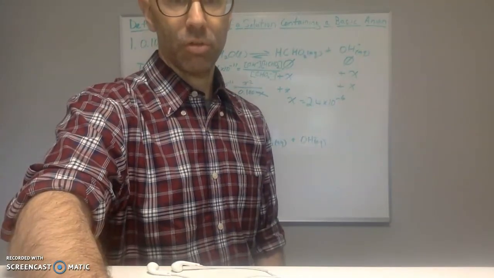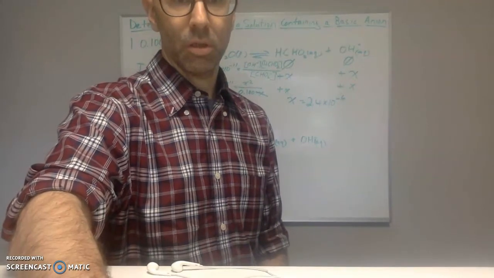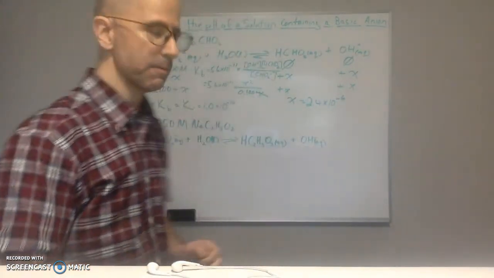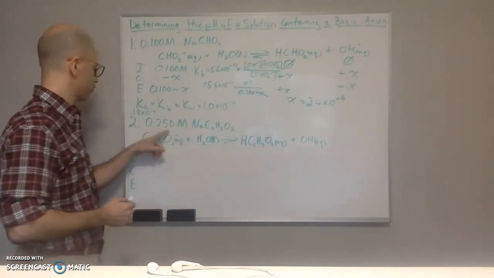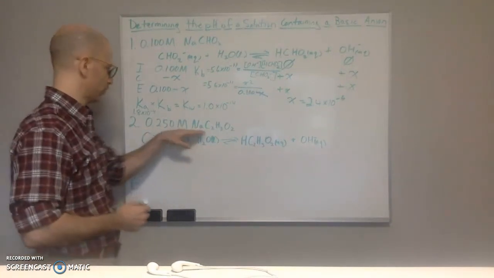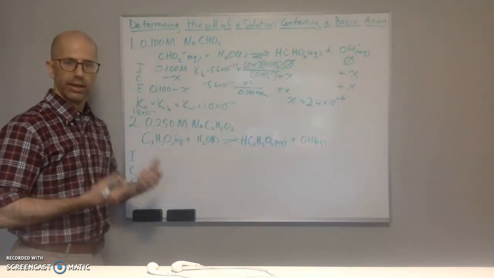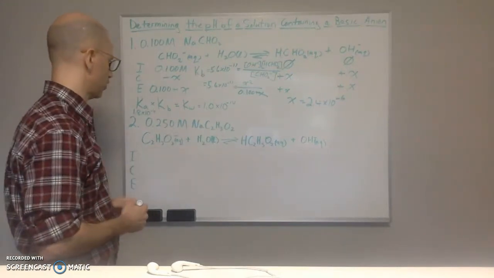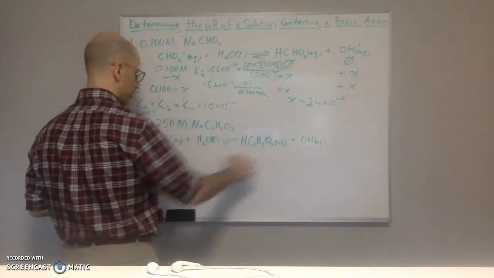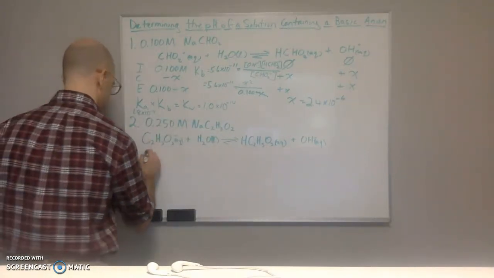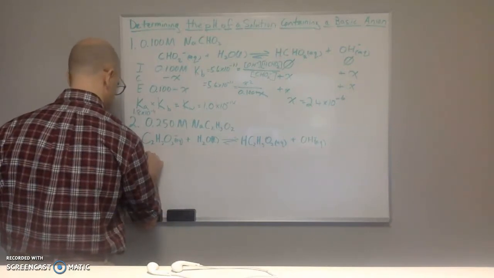Okay, so for the second part, this time we have 0.250 molar of the sodium acetate, and we're going to figure out what the pH of this one is going to be. So in the same way, we have our balanced equation, and you're going to do your initial concentration.